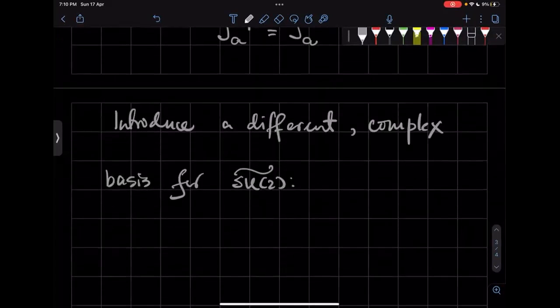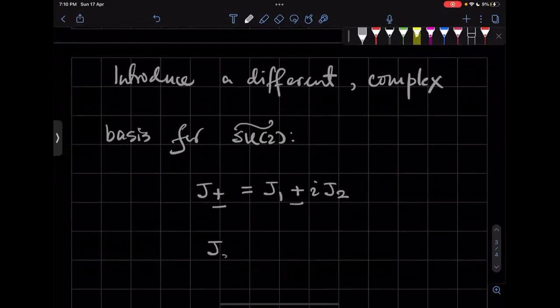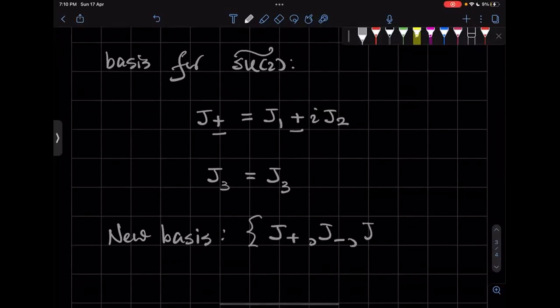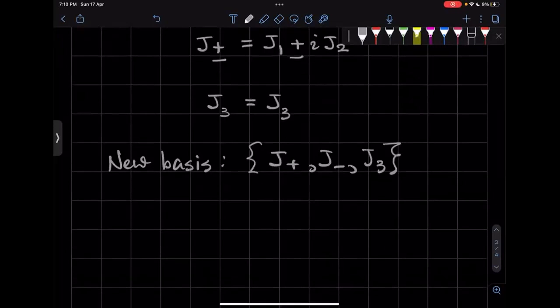And we define J plus to be J1 plus I times J2. And we define J minus to be J1 minus I times J2. And we keep J3 as it is. So now our new basis consists of J plus, J minus, and J3. And J3 is still Hermitian.